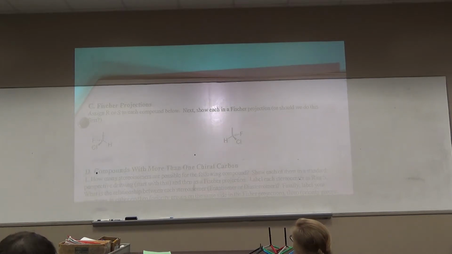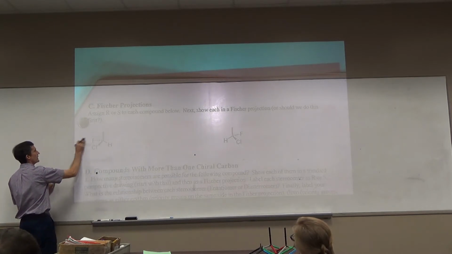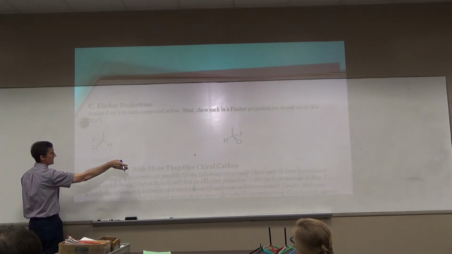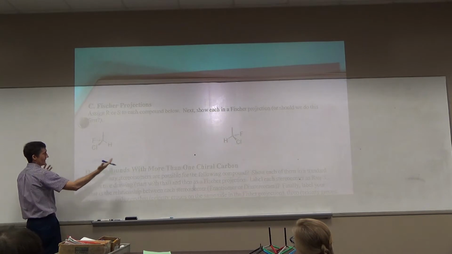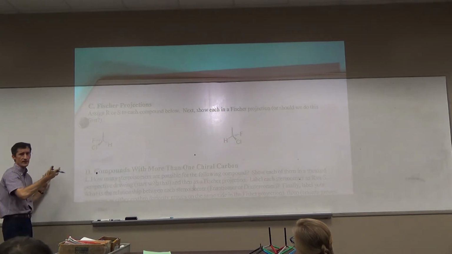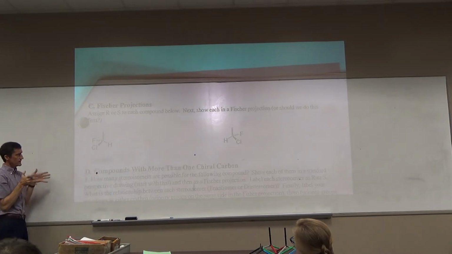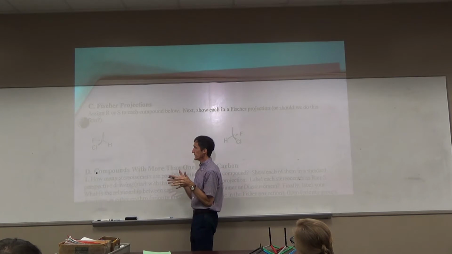All right, let's look at it differently. Basically, we're going to draw this. You want to look at it with the H going back, or front and reverse it, but if you're going to look at it different from this, you might as well look at it with the H in the back. To look at it with the H in the back, do I need to be standing over here or over here? I'm over here.